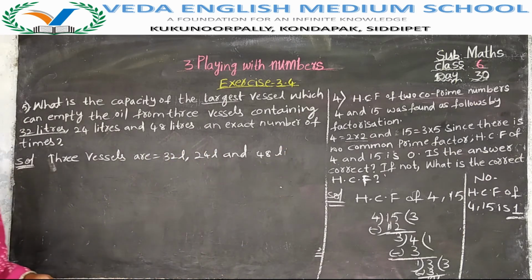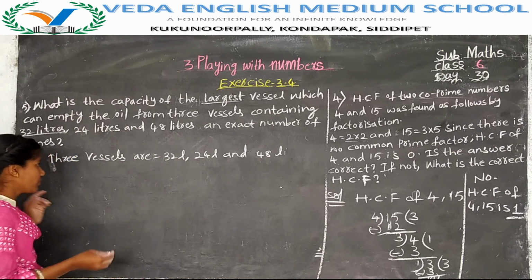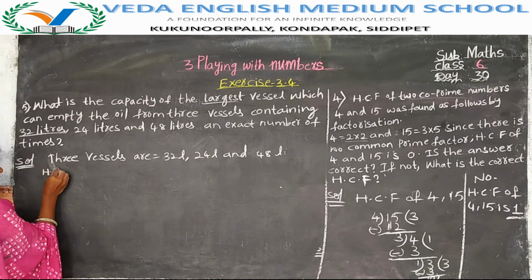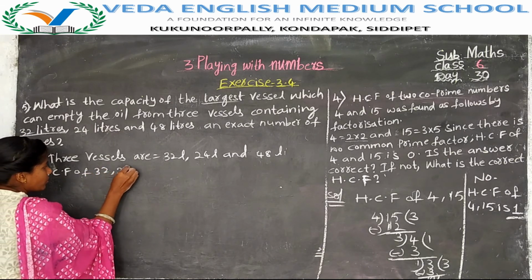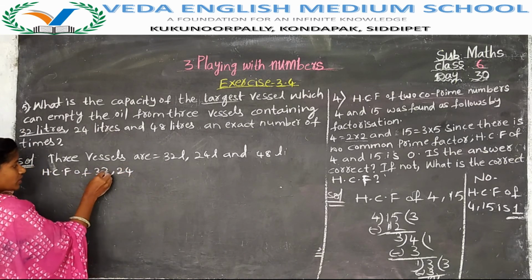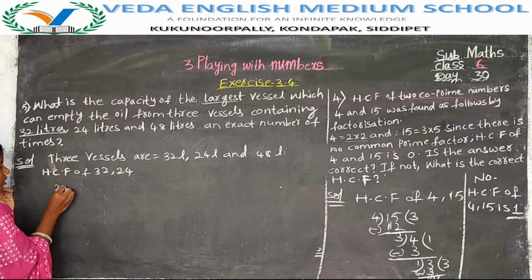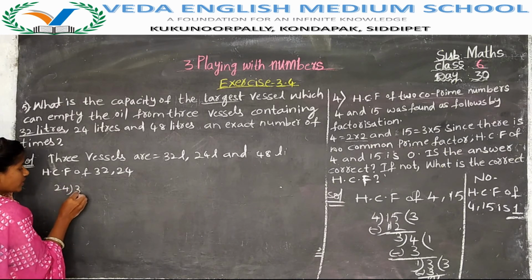For these 3 numbers we have to find the HCF. Choose any 2. I will take 32, 24, HCF of 32, 24. Out of these 2 numbers, which is the smaller number? 24 is smaller, so 24 is the divisor and 32 is the dividend.